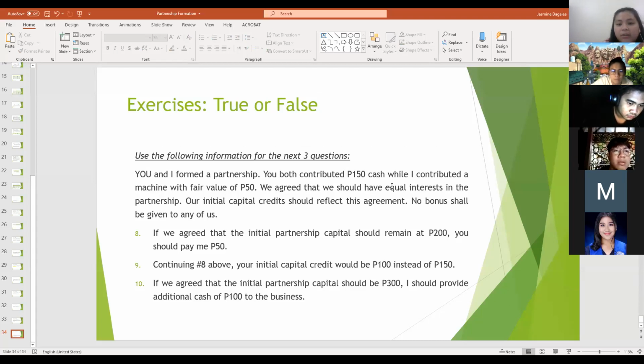Dapat maging equal yung interest natin. So, pag i-add nyo yung 150 and 50, 200. Equal interest, 200 divided by 2 is 100 dapat yung capital credits natin. Since no bonus, if we agreed that initial partnership capital should remain at 200, you should pay me 50 pesos. True or false?